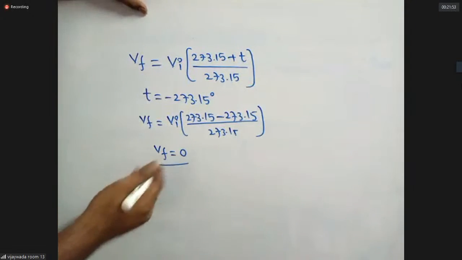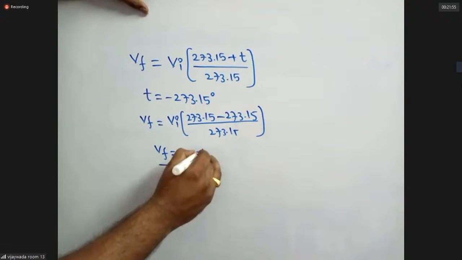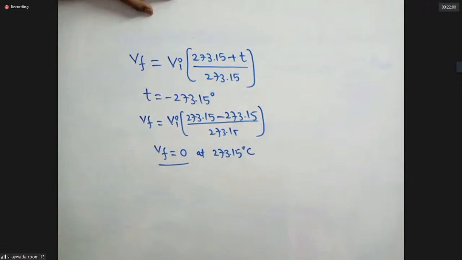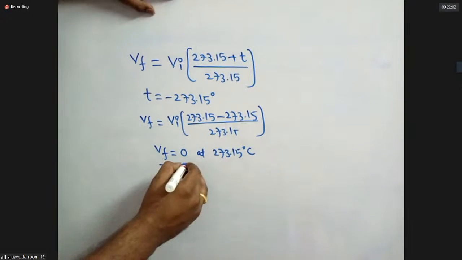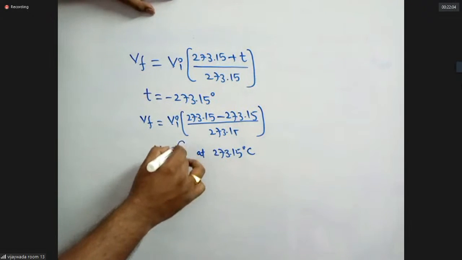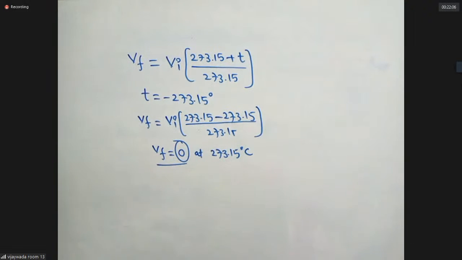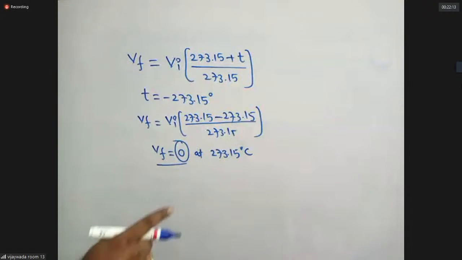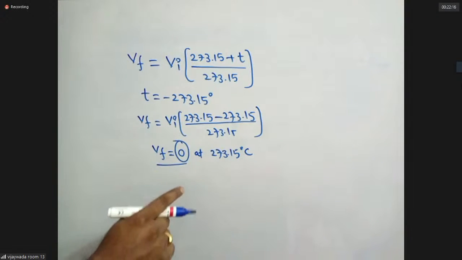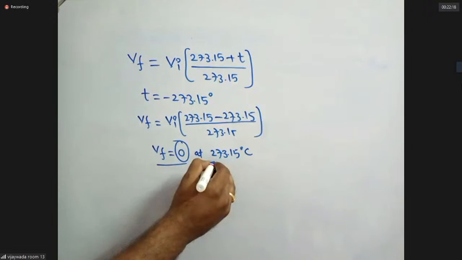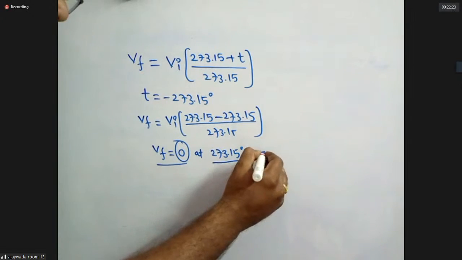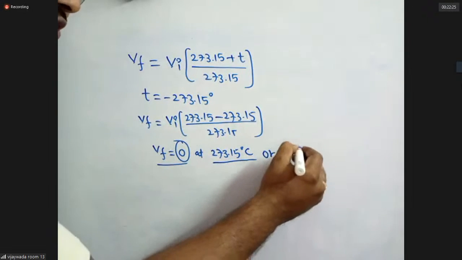What does V final equal to zero mean? At minus 273.15 degrees Celsius, the volume of gas is zero. So one important conclusion: no gas can exist as a gas at minus 273.15 degrees Celsius, or 0 Kelvin.